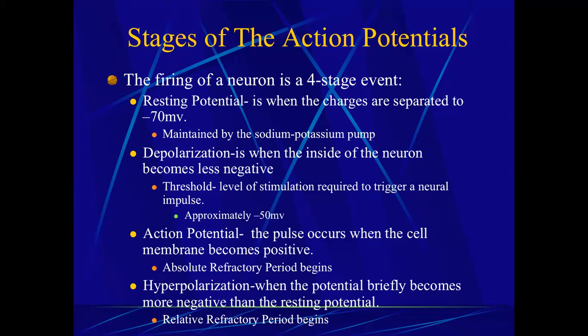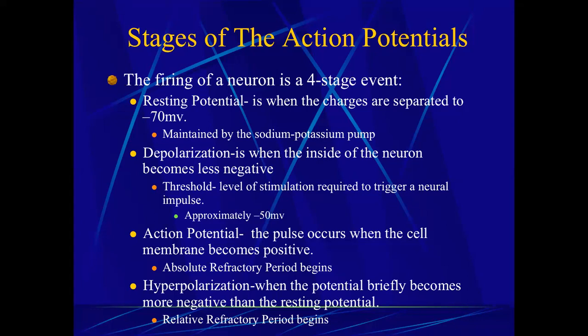And the same thing can be said about positive ions entering the cell. You're starting at a negative 70 millivolts, but sodium is a positively charged ion, which is going to depolarize the cell, right? So it's going to make that neuron less negative than at resting potential.